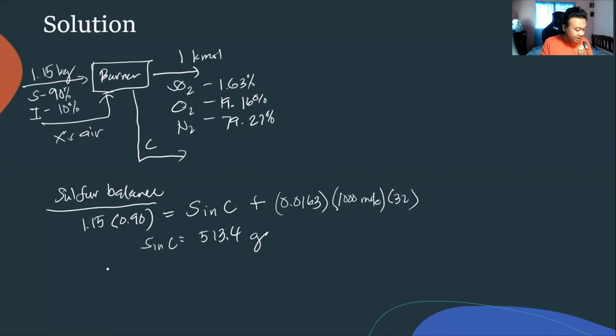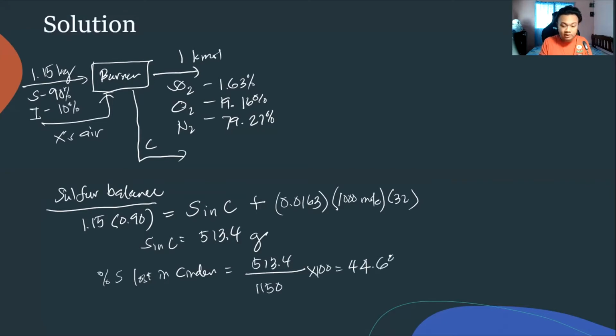And then that's it actually. You can get the sulfur lost in cinder. So percent S lost in cinder, you have 513.4 over 1,150 times 100, and then you get 44.6%.